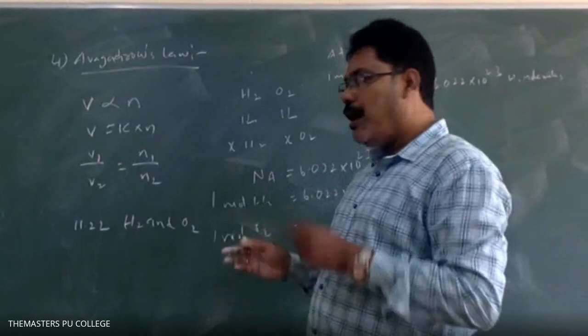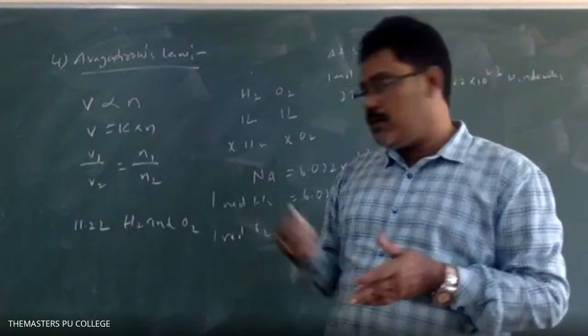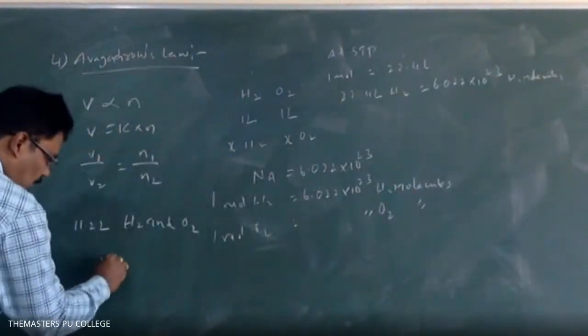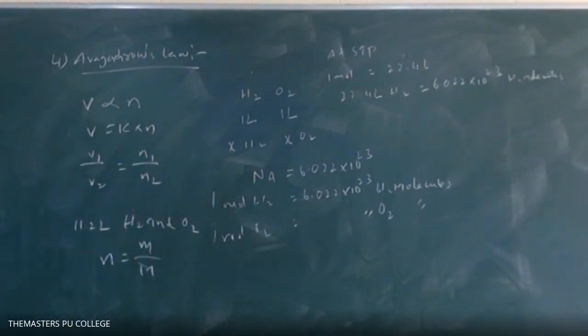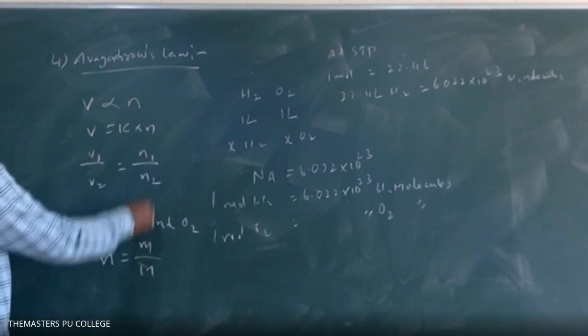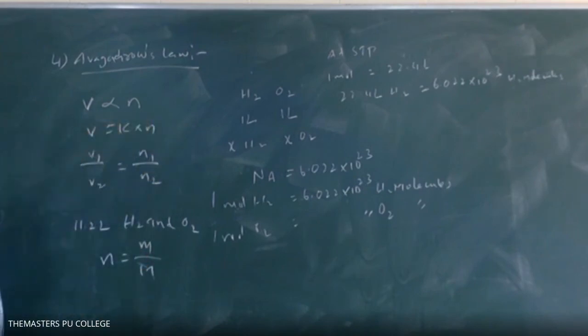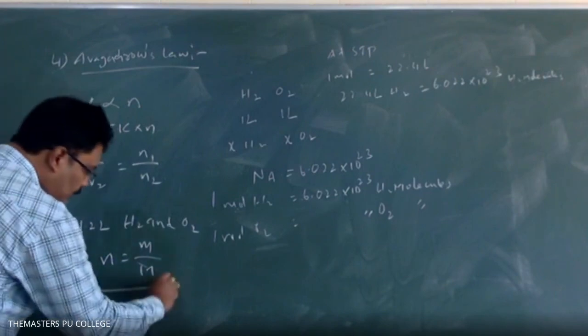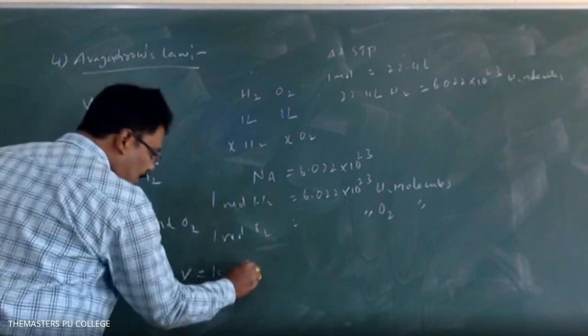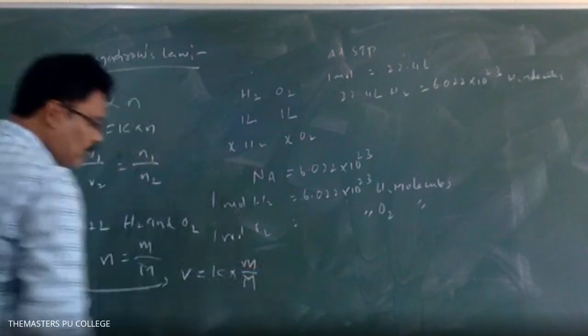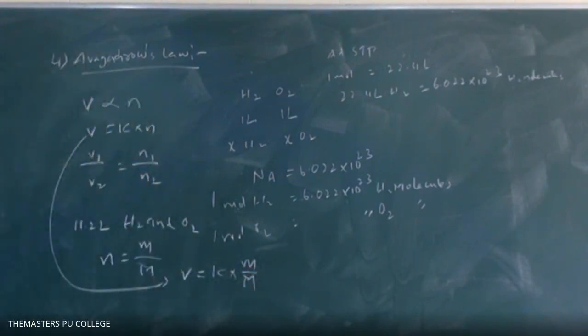But we know how to calculate the number of moles: n is equal to m by M. Substitute this value in V is equal to K into n. What is the n here? Mass by molar mass.